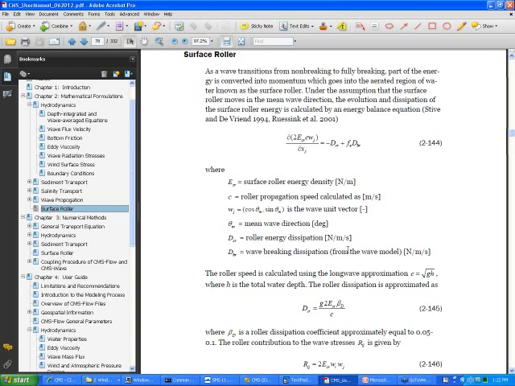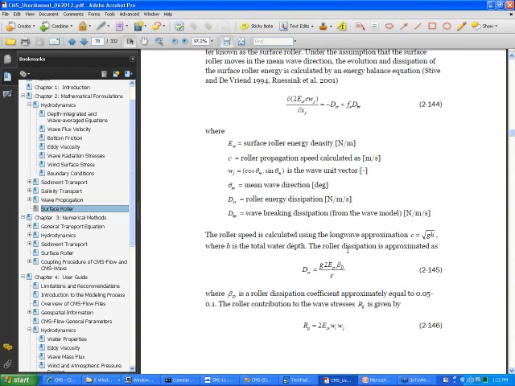What it does is it causes a spatial lag in the peak alongshore current. It moves it closer to the shore, and that's seen in the field, and without the surface roller model you cannot reproduce that.